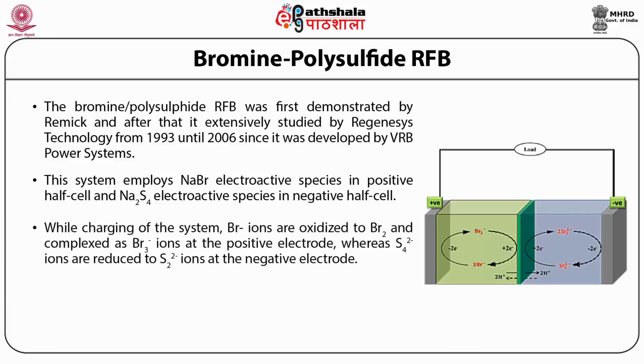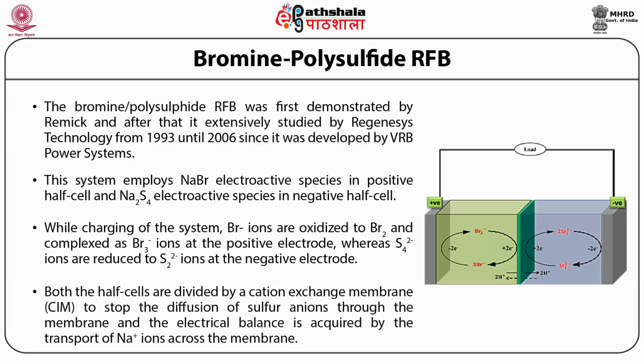While charging the system, Br- ions are oxidized to Br2 and complexed as Br3- ions at the positive electrode, whereas S4 2- ions are reduced to S2 2- ions at the negative electrode.